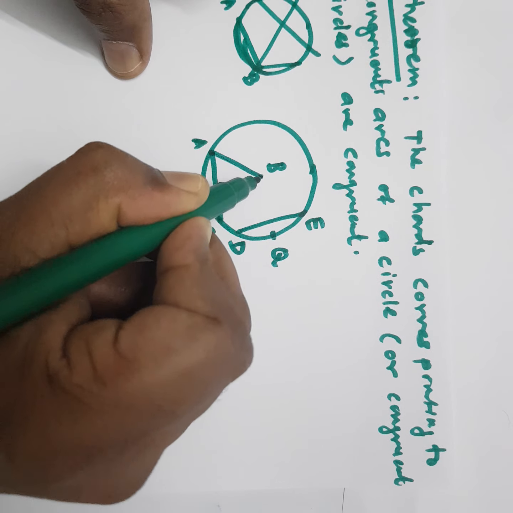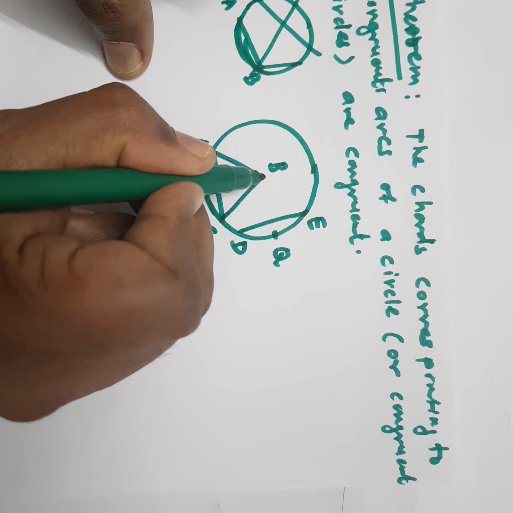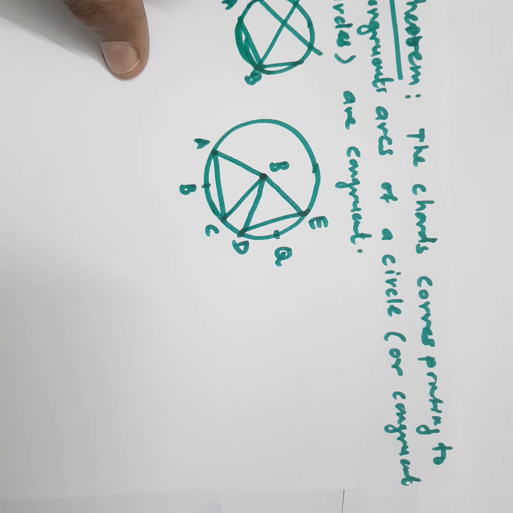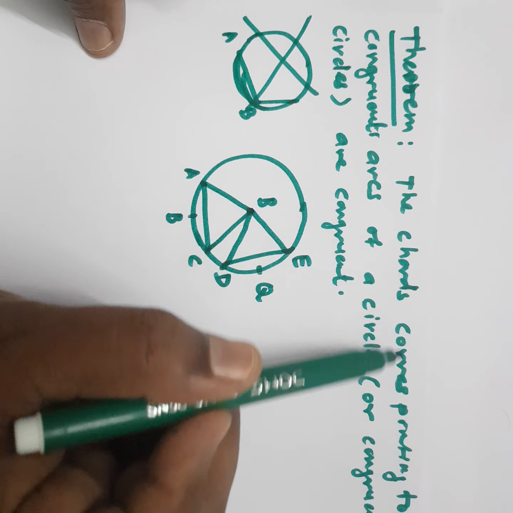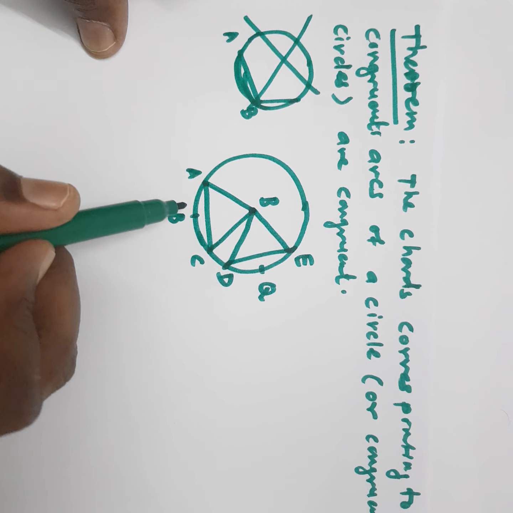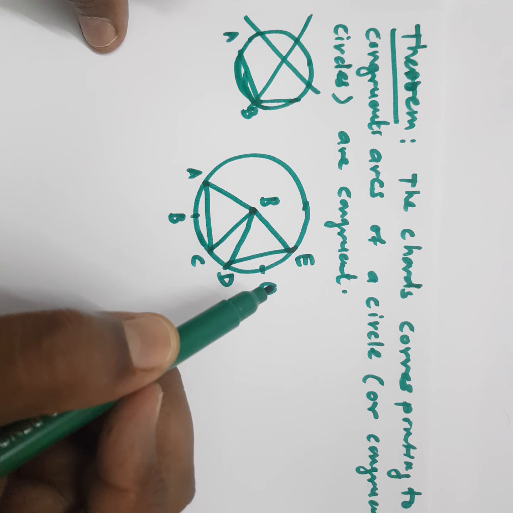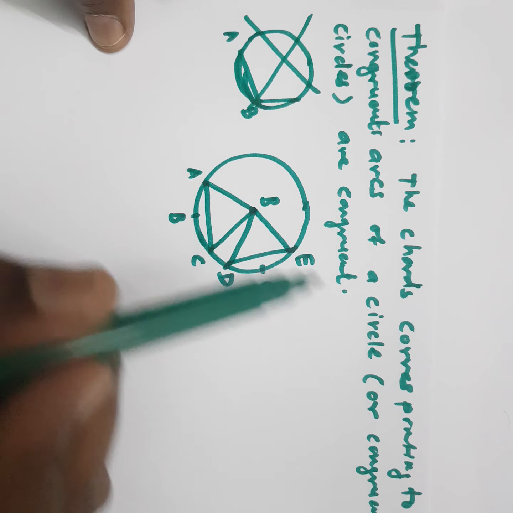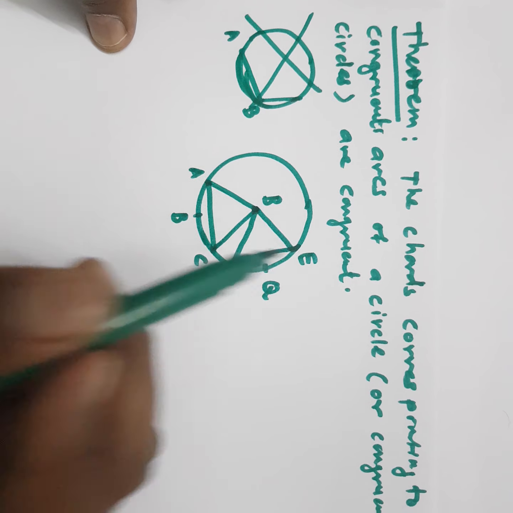If we draw the central angle of these two arcs, what do we have to prove? The chords corresponding to congruent arcs means arc ABC and arc DQE are given as congruent, and we have to prove that the chords corresponding to these arcs, that is chord AC congruent chord DE.